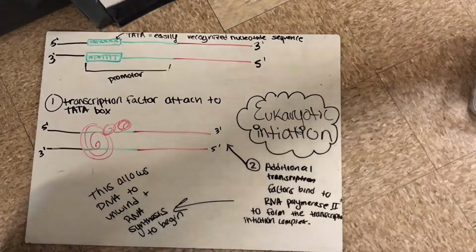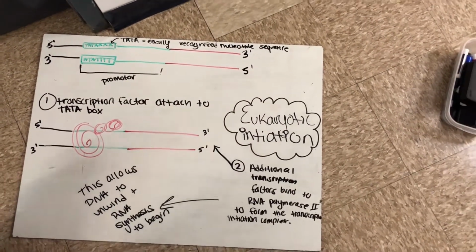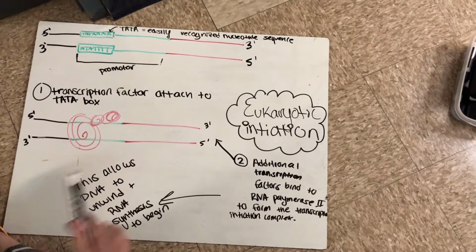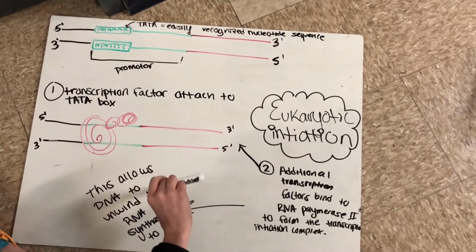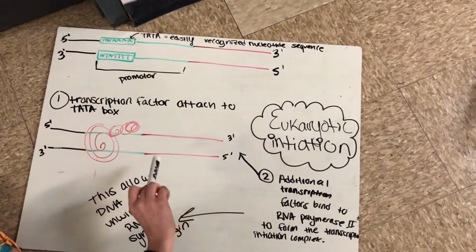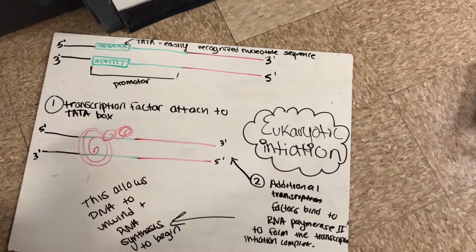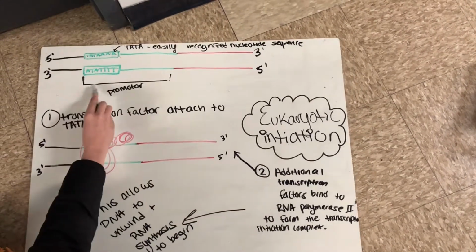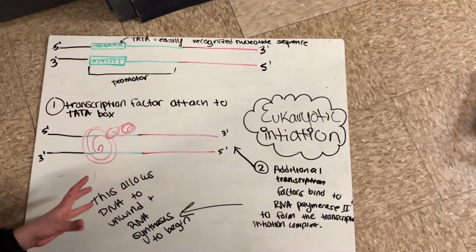So now we're going to talk about eukaryotic initiation, which is a little different from the prokaryotic in that you have a nucleotide sequence, which is basically TATA, and we call that the TATA box, which allows transcription factors, which we talked about in the last video, to attach to the promoter so that the whole transcription process can carry through.